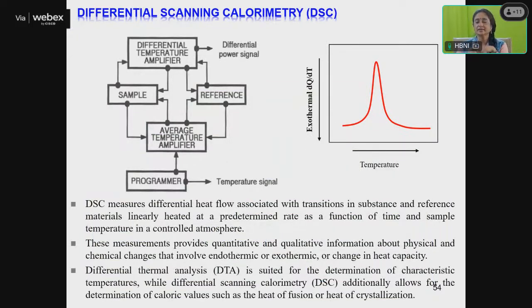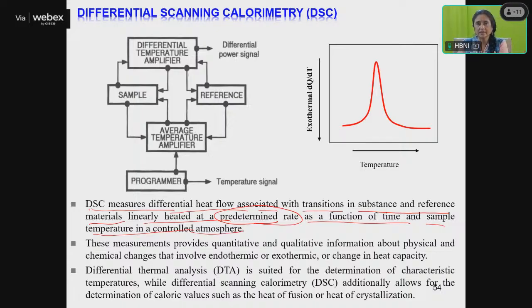Now the differential scanning calorimeter, DSC. This is a typical flow sheet for a differential scanning calorimeter. It measures the differential heat flow associated with transitions in a substance and a reference material, linearly heated at a predetermined rate as a function of time and sample temperature in a controlled atmosphere.